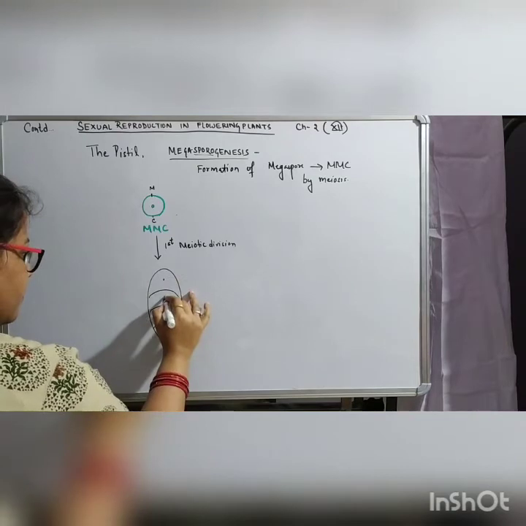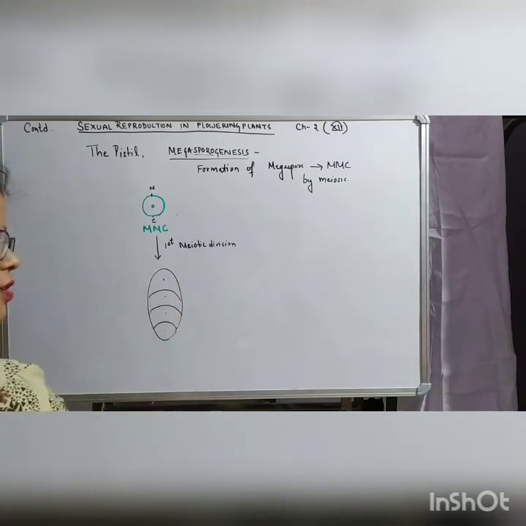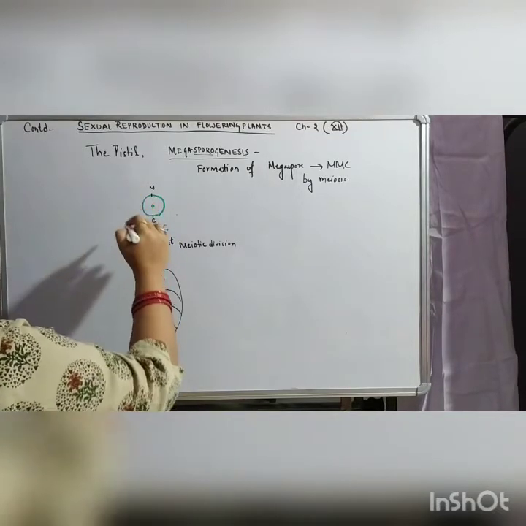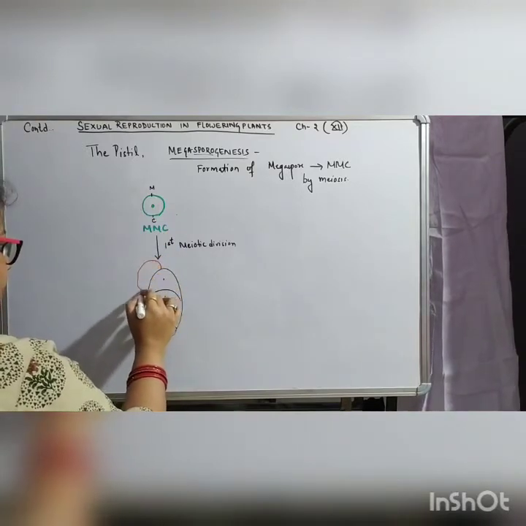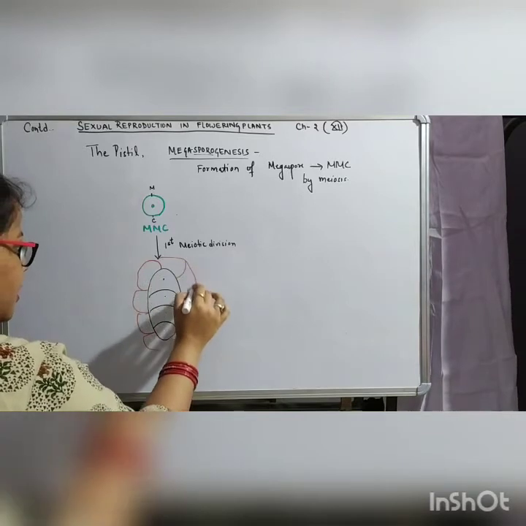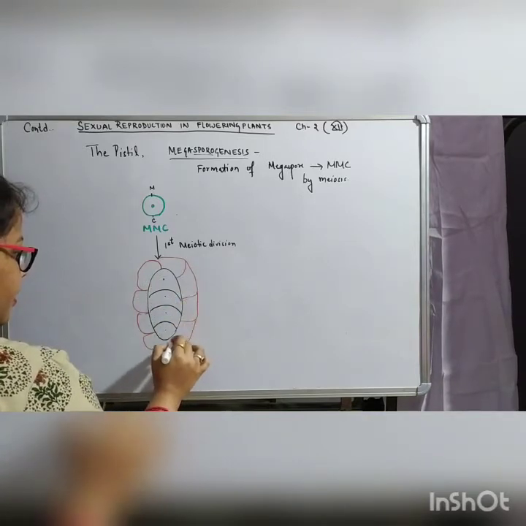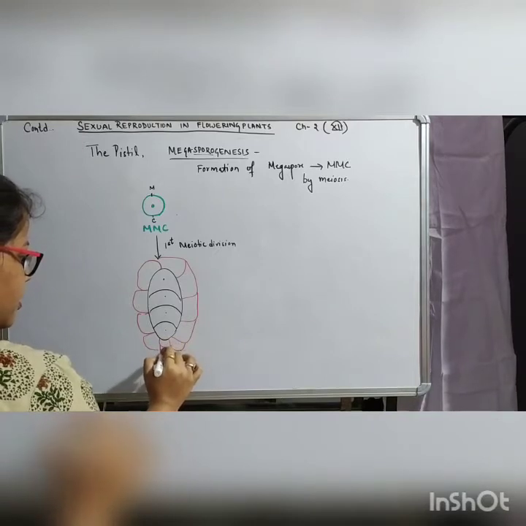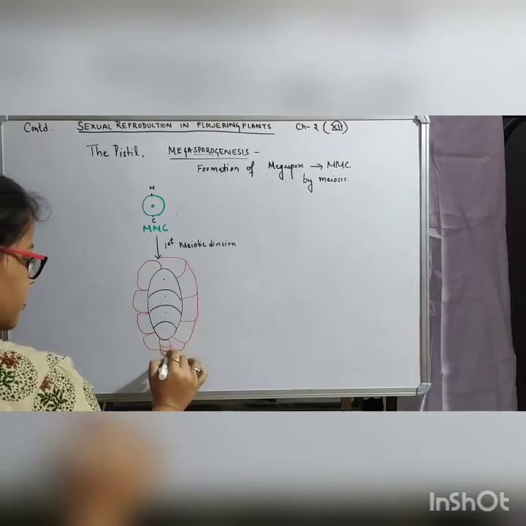The nucellus, the outer red mass of cells, stays intact. There is no change in the nucellus.